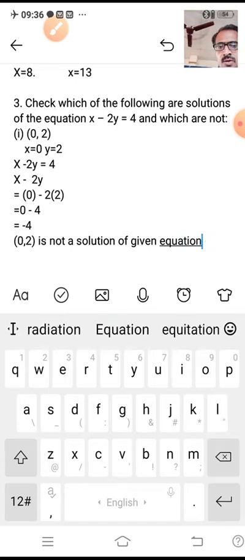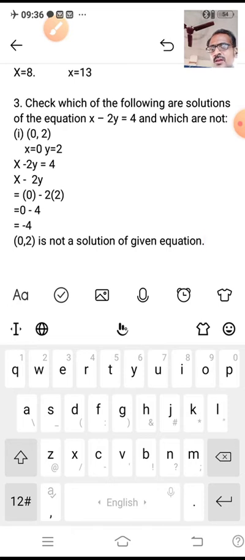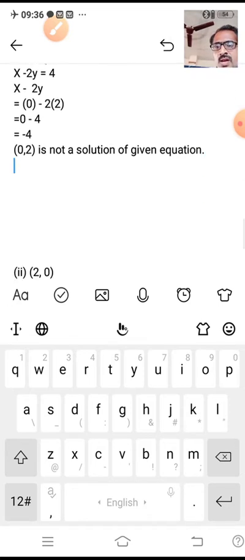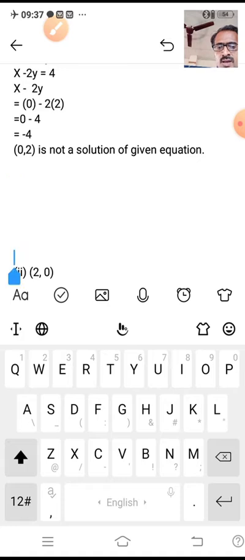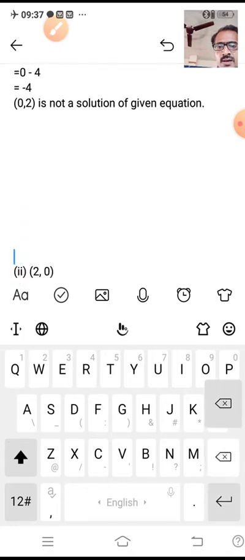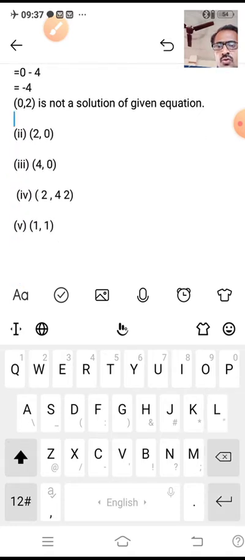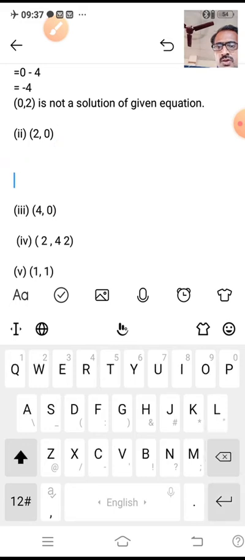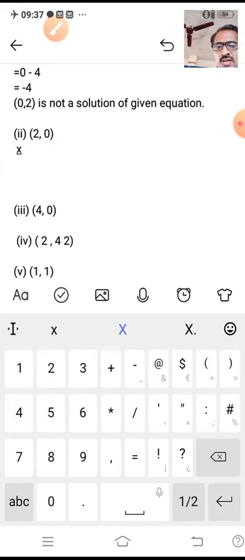Okay, same way we'll solve number second. For number second, we have 2, 0. So here value of x, first coordinate is called x coordinate.